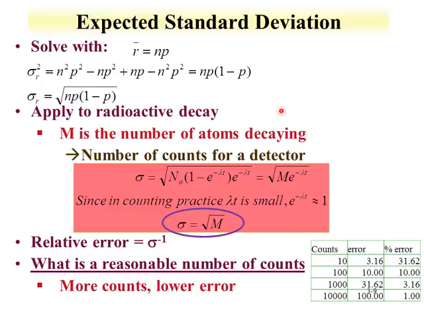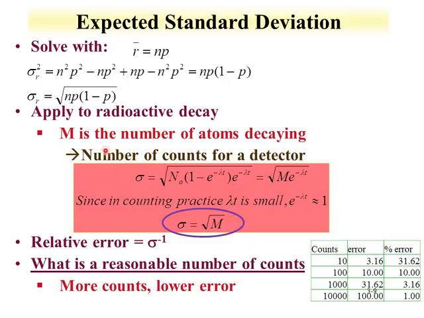If I take this fundamental equation and apply it to radioactive decay, what I get is a way of determining the standard deviation from the number of counts. If we remember, we defined earlier that m is the number of counts.